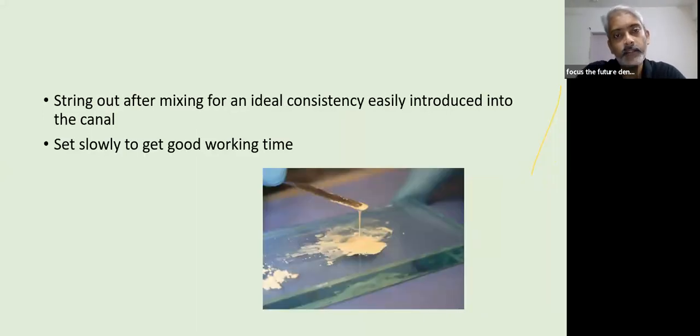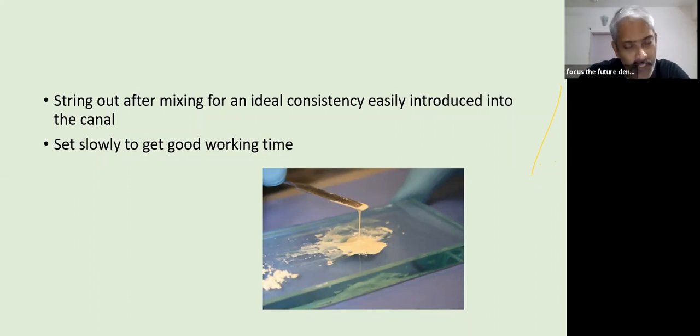Then when you mix your root canal sealer, we need to make sure that the sealer has the proper consistency so that it can be easily introduced into the canal. Usually when we mix cements, there is a particular consistency at which they start stringing out. That is important for root canal sealers.